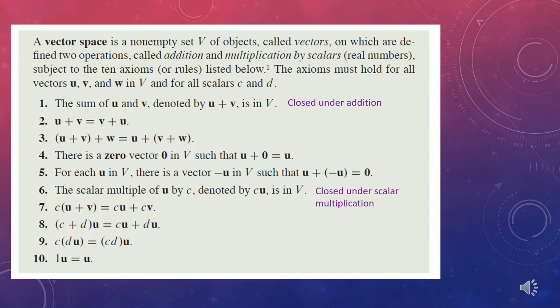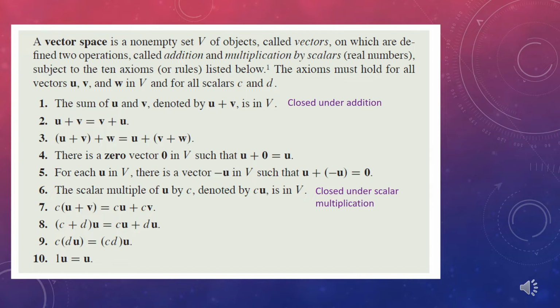So a vector space is a set of objects, and we're going to call the objects vectors. Do not necessarily think your vectors have to be arrows. They could be, but they could just be any objects. And you're going to define two operations on these objects, one called addition and the other called multiplication by a scalar. And 10 axioms are going to need to hold true.